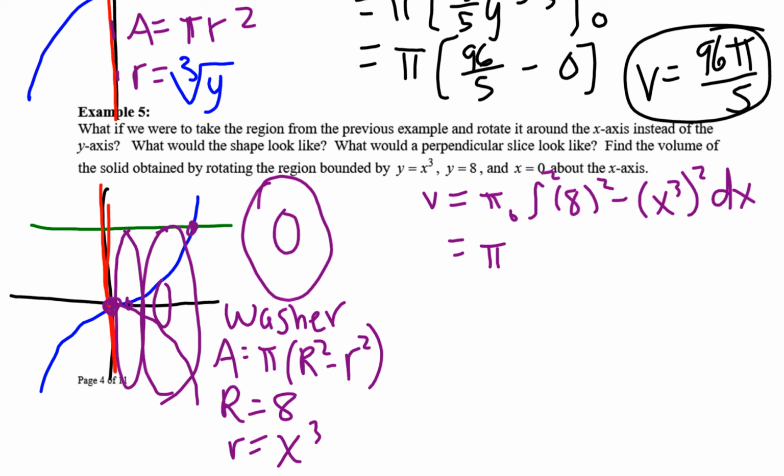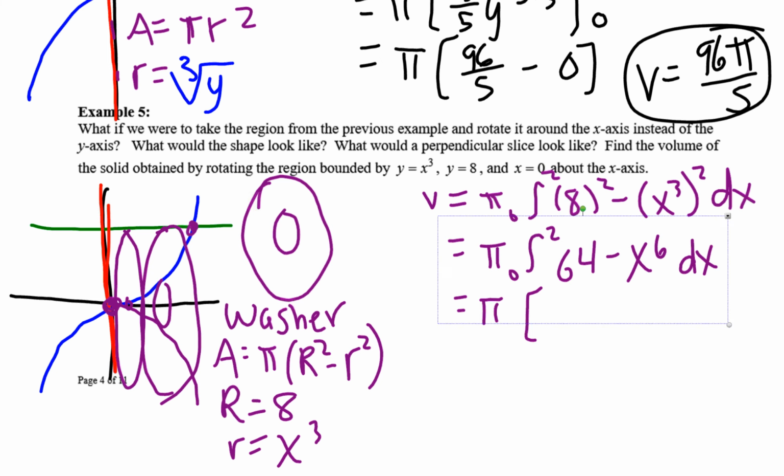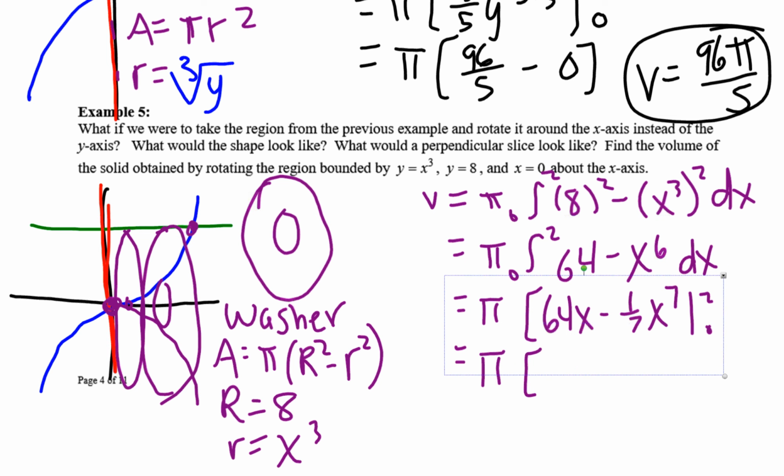Pi times, I'm going to simplify this before I start, 8 squared, 64 minus x to the 6th. Okay, take the antiderivative. Okay, plug in the values. 64 times 2, and 2 to the 7th, that's 128 over 7, minus 0.